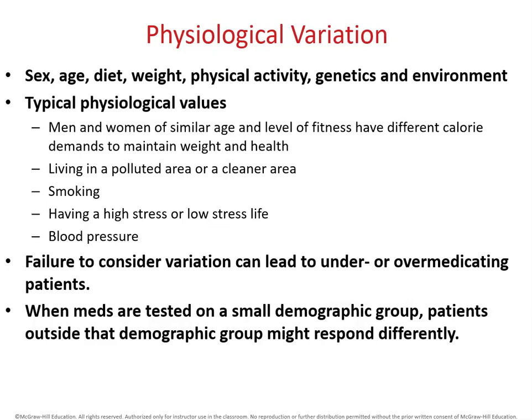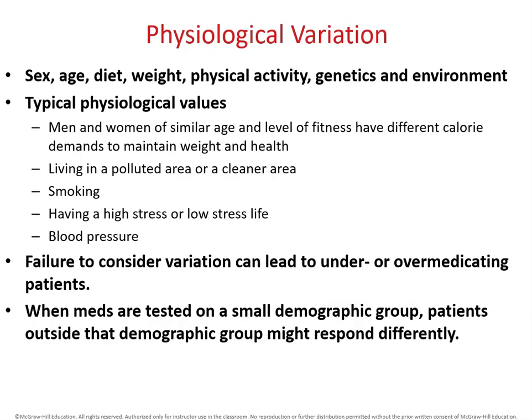Consider, for instance, if we were looking to test a new medication and our entire sample size was white men between the ages of 20 and 30. And after normal FDA testing, the medication is approved and the dosing requirements are calculated based on their sample size, the group of white men between the ages of 20 and 30.